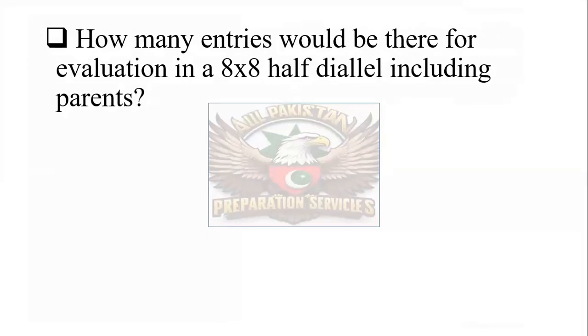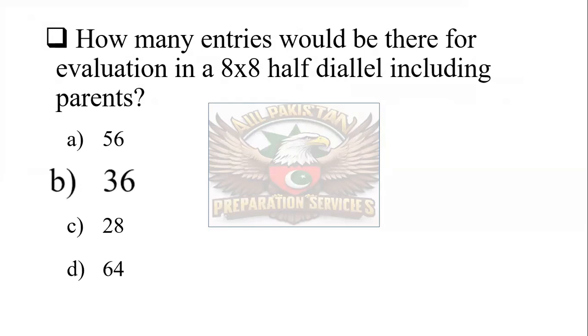Next question: how many entries would be there for evaluating in an 8 by 8 half diallel including parents? 56, 36, 28, or 64? The correct one is 36. 36 entries would be there for evaluating in an 8 by 8 half diallel including parents.